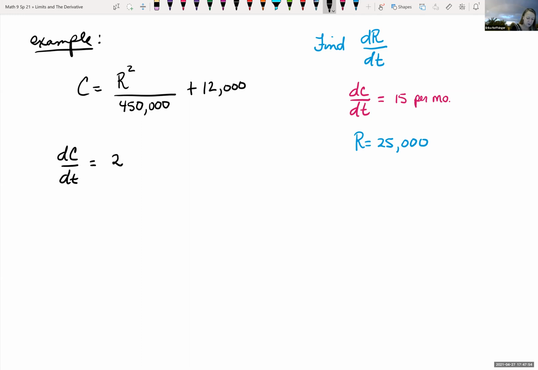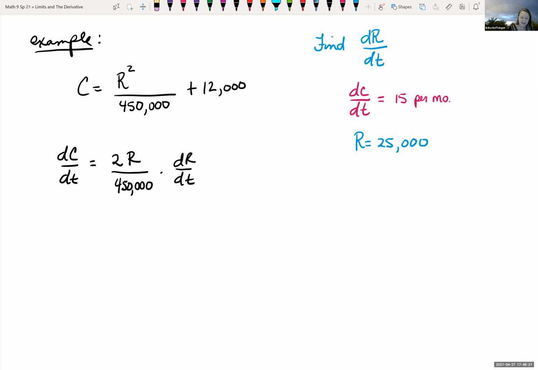So we have 2R all over 450,000 times, we just took the derivative of revenue with respect to time, so dR/dt. And plus the derivative of 12,000, which gives us 0. So we really don't need to put that plus 0.